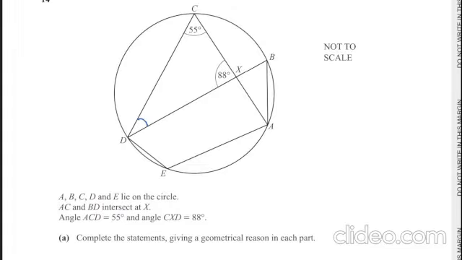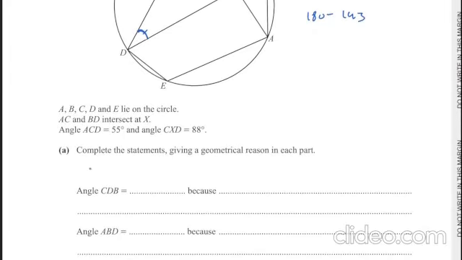is this angle. For this we can simply use the triangle sum property. First we will add 88 and 55, which will be 143. So we will subtract 143 from 180 here.